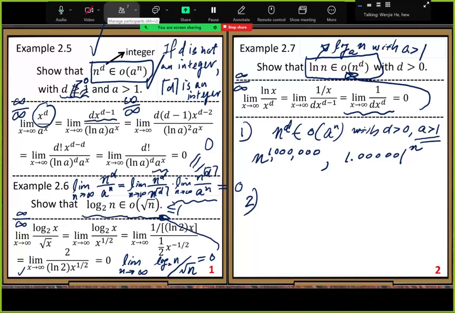The second question: compare the log function, log of n. Here we use a hidden base. You can understand it as a positive constant a greater than 1. The hidden base a is greater than 1.